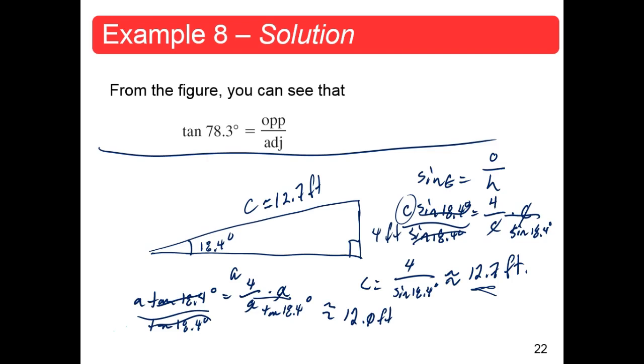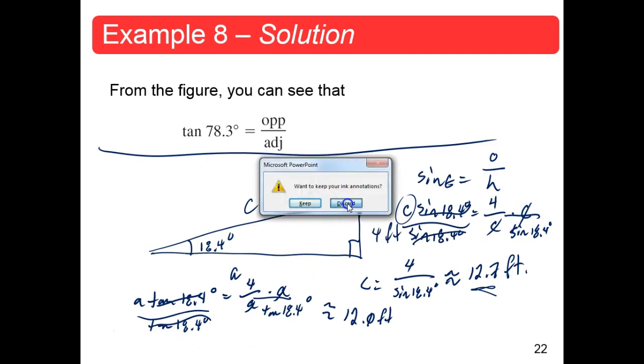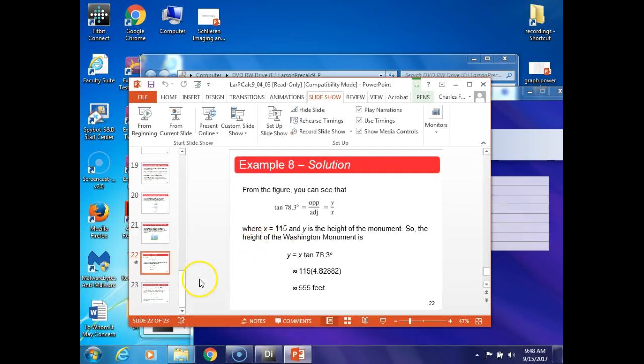Okay, now I'm going to, goodness gracious, how to do this. All right, I'm going to jump out of this for a minute. Okay, remember 12, 4, and 12.7. So I'm going to discard that for just a moment and go to my calculator.